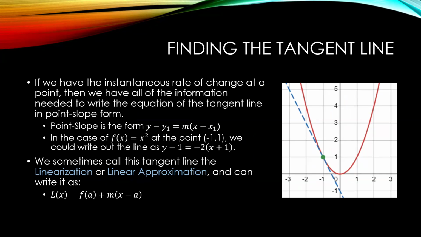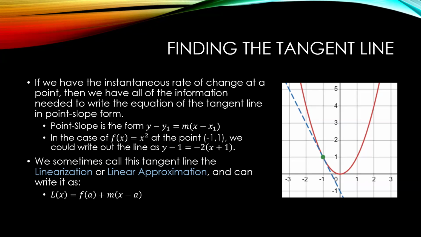And so point slope form is very nice for this because we'll have the slope and we'll have a point. In the case of x squared at the point -1, 1, we could write this line as y minus 1 equals -2 times x plus 1. That's the equation of this blue line, and it's tangent at that point.